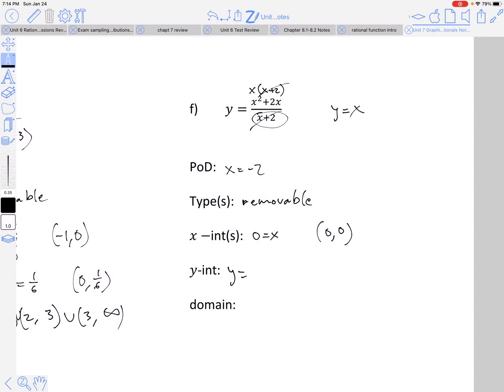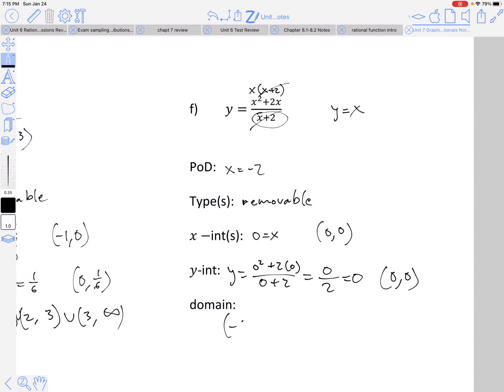But I'm going to remind you, to find your y-intercept, you replace all the x's with 0. So we have 0 plus 0, which is 0, 0 plus 2, which is 2, 0 divided by 2 is 0, so the y-intercept is also at 0.